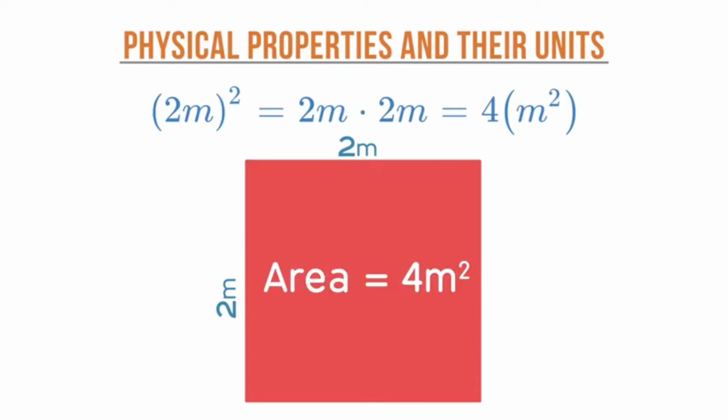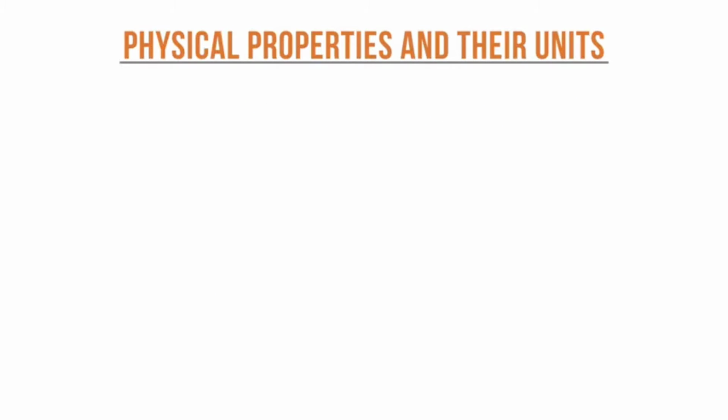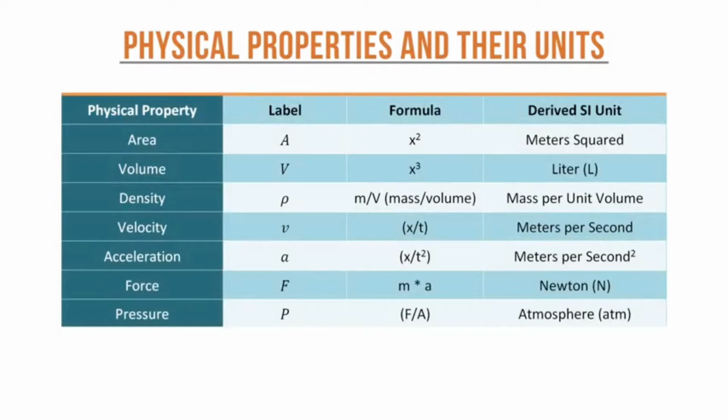Now that we understand a little bit about derived units, let's take a look at some important ones that you will need to know for the test. By looking at this chart, you might have noticed that things like mass per unit volume and meters per second are also considered units of measure, just like the liter or the Newton.